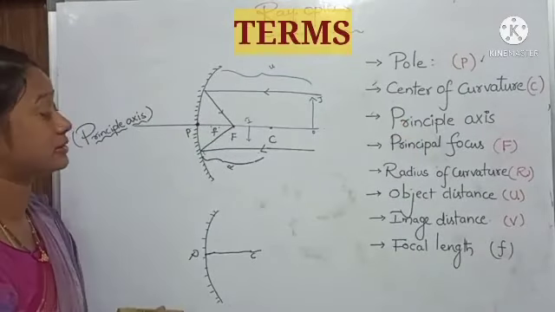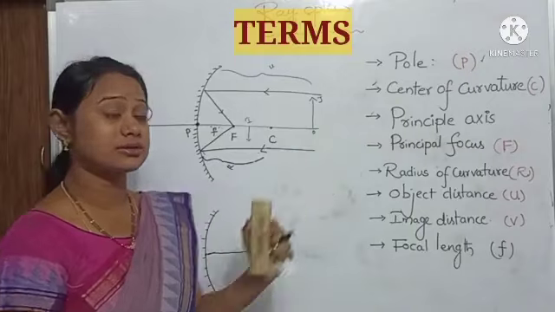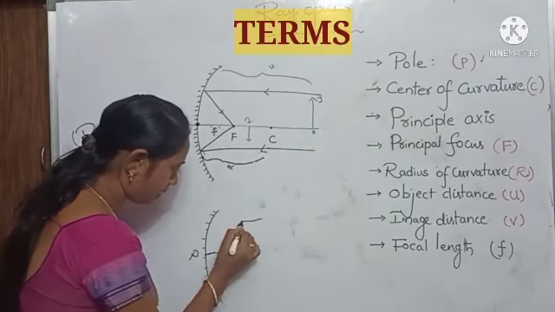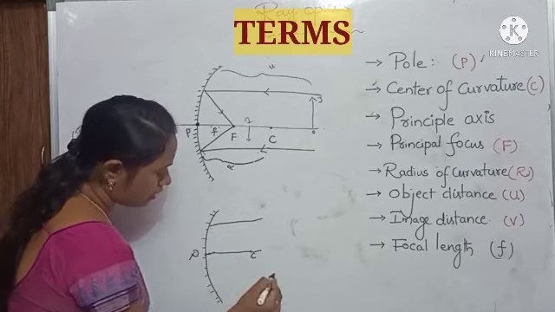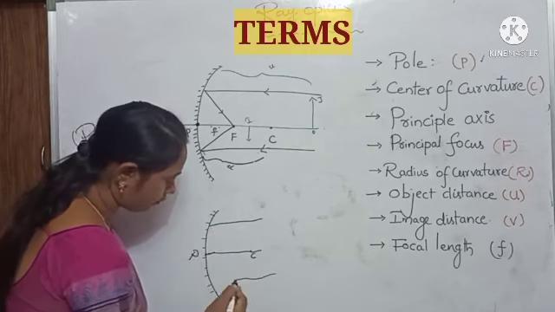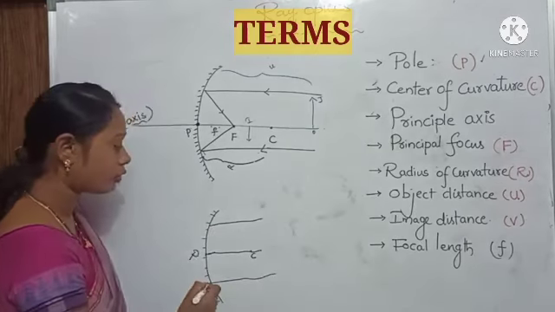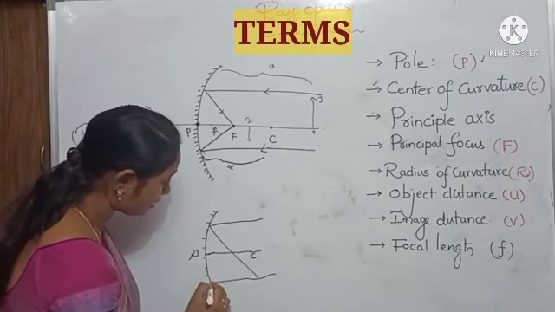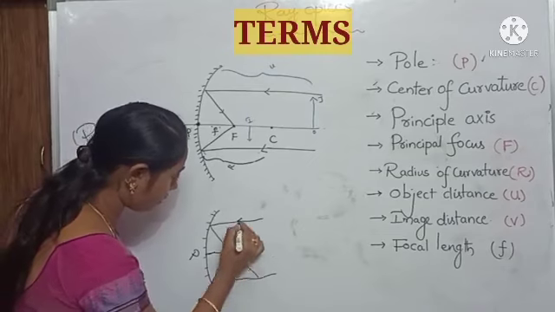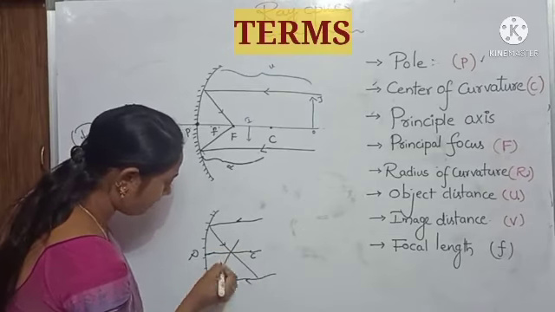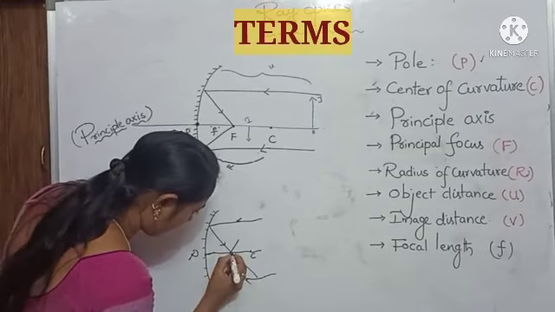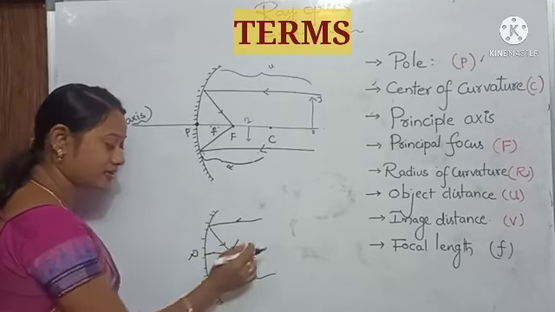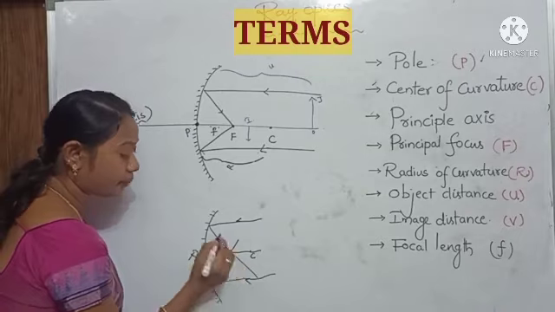Next, principal focus. If we incident parallel rays on the reflecting surface of a curved mirror, what happens? They reflect and they will meet at a point.